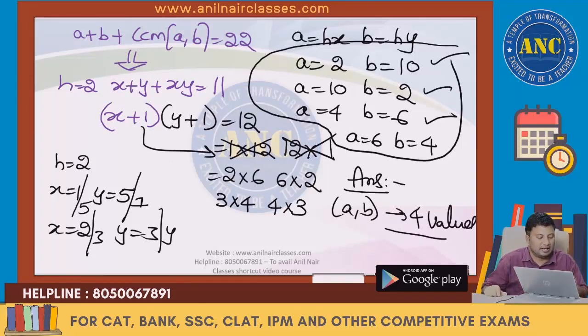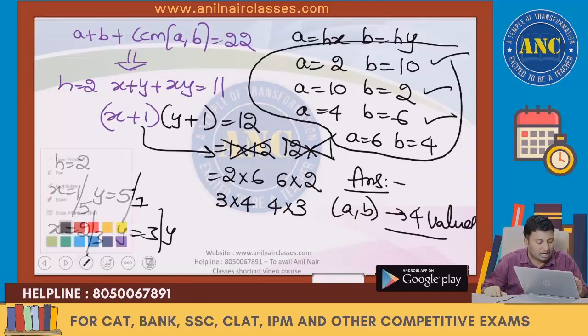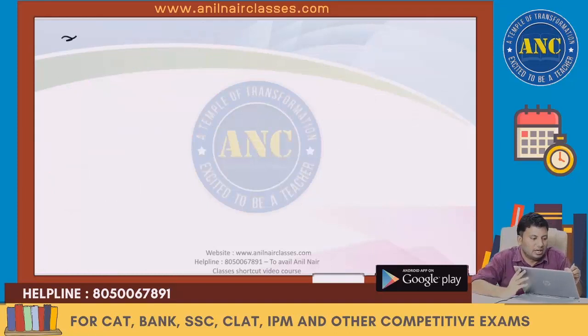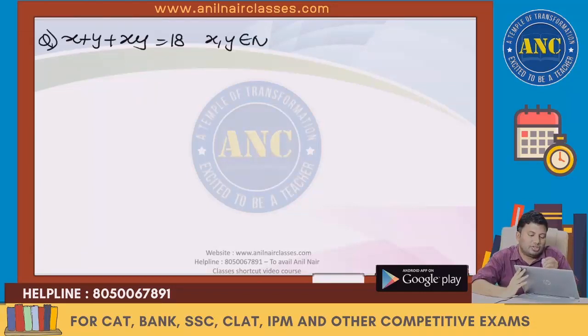What is the important conclusion that we have seen? x plus y plus xy equals 18, where x and y are natural numbers. How many values x comma y will take?